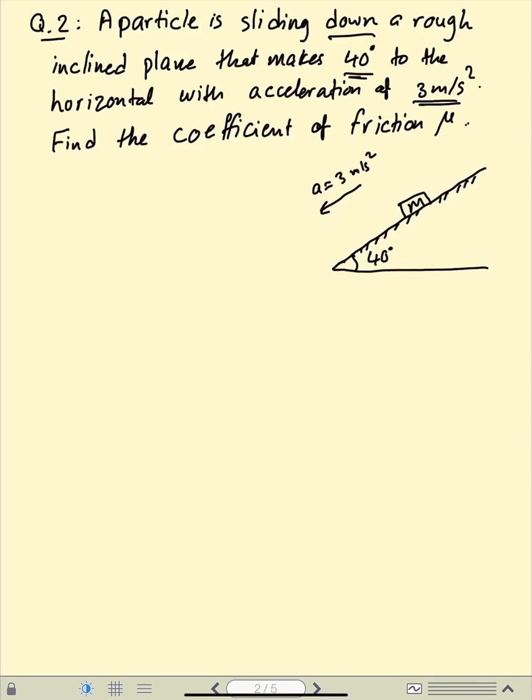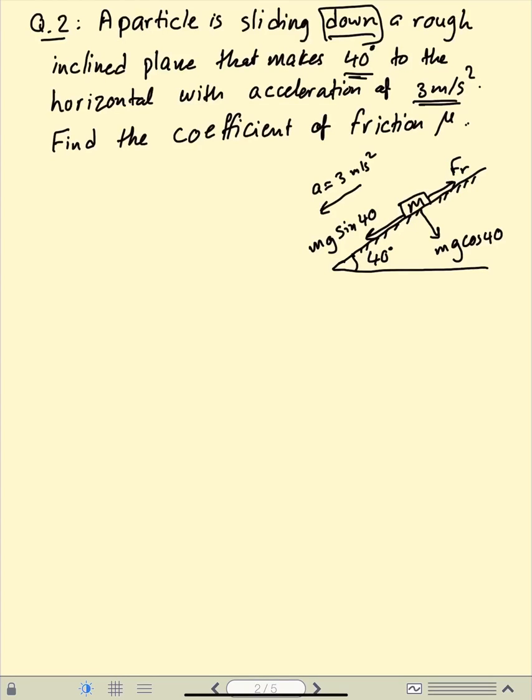Then resolve the forces. So this one is mg cosine 40. This one is mg sine 40. And the resistant force, or the opposite, because friction, the direction slides down the plane. So the friction will be up the plane.